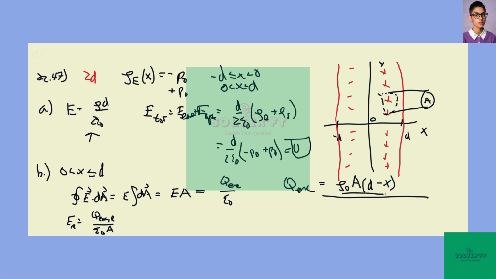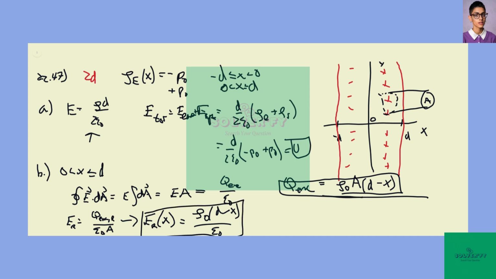Okay, so if this is our Q enclosed as a function of x, then our E_R as a function of x for the right side is given as rho naught times d minus x over epsilon naught. Awesome. That's it. So let's move on to part C here.